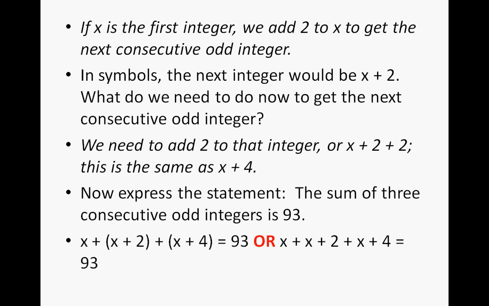You could write it as X plus the quantity of X plus 2, because that's our second integer, and then plus the quantity of X plus 4, because that's our third odd integer, equals 93. Or X plus X plus 2 plus X plus 4 equals 93.